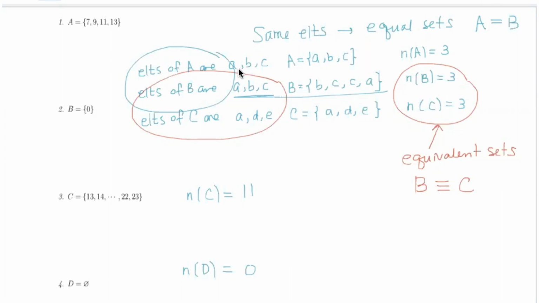Suppose I have set {A, B} and set {C, D}. Are they equal sets or equivalent sets? Equivalent, same number of elements.